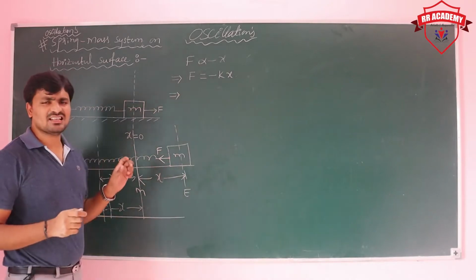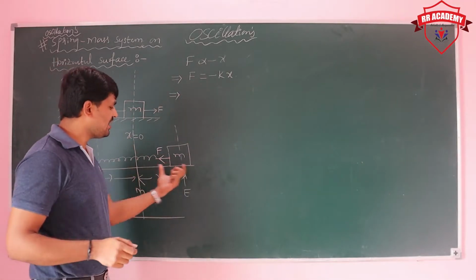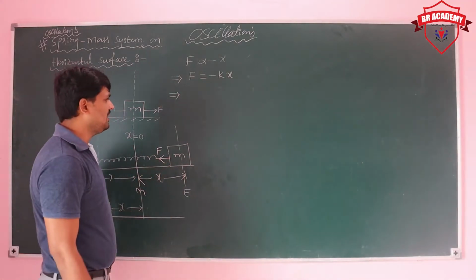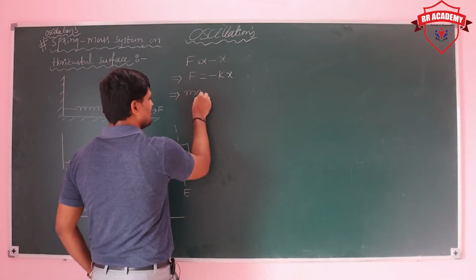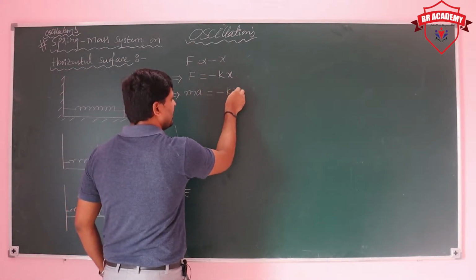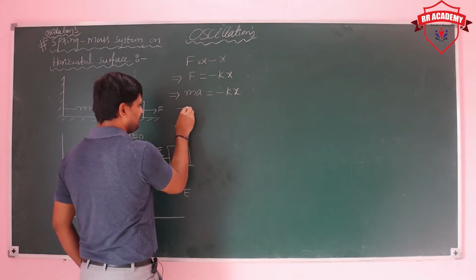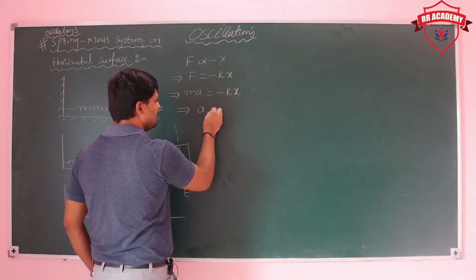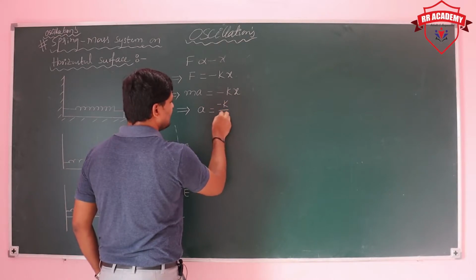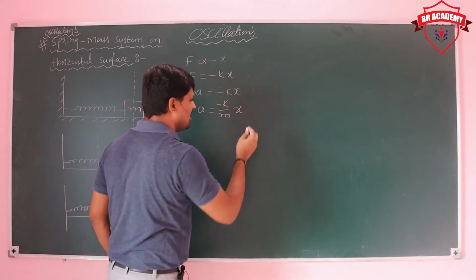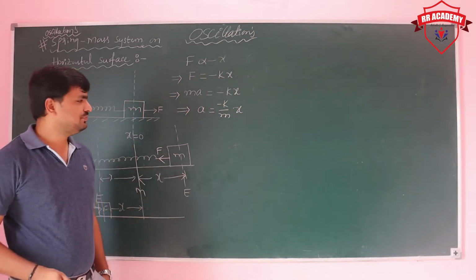And this body has some mass and is performing simple harmonic motion. That means it has some acceleration. So mass into acceleration gives force. Then a is equal to minus k by m into x.